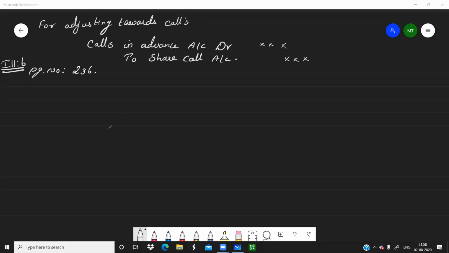The issue was duly subscribed. All the money payable was duly received. But on allotment, one shareholder paid the entire balance on his holding of 300 shares. So it's a clue, this is your calls in advance. Give journal entries to record the above.